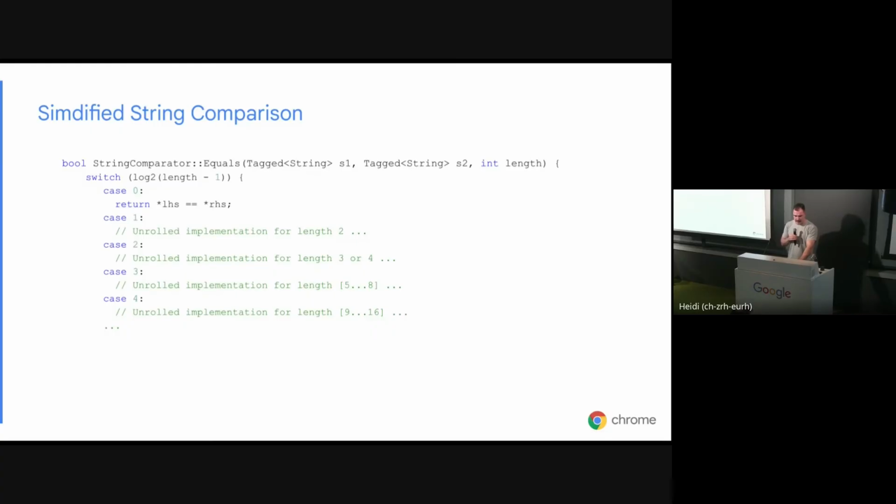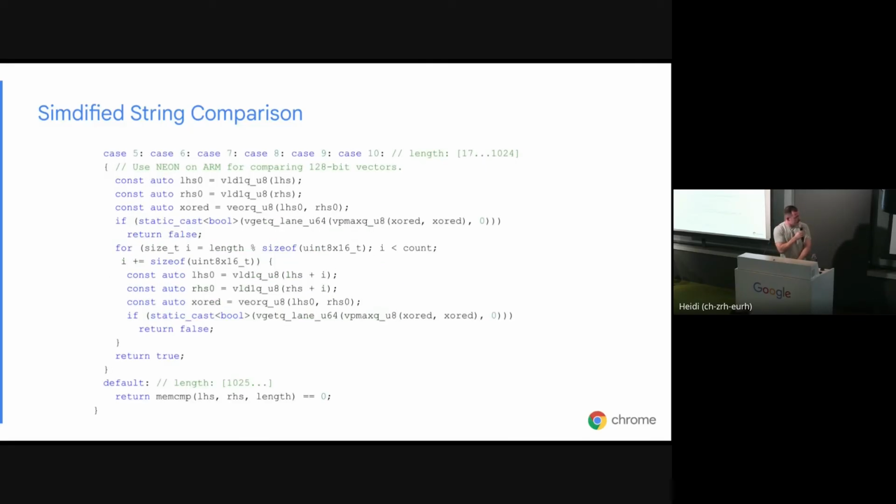This is what it looks like. Very simple. We take the power of 2 of the lengths. For small lengths, we do byte-by-byte comparison, or we can also do overlapping comparison of words or half words and so on. It's really trivial. For average lengths, from 17 to 1000, we do SIMD, the code exactly as usual with SIMD.